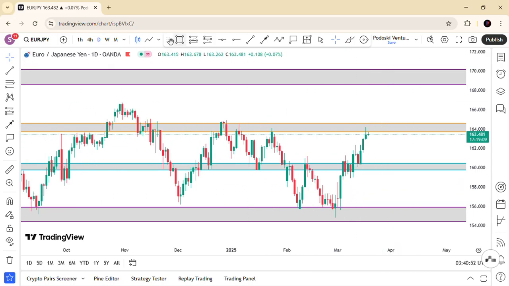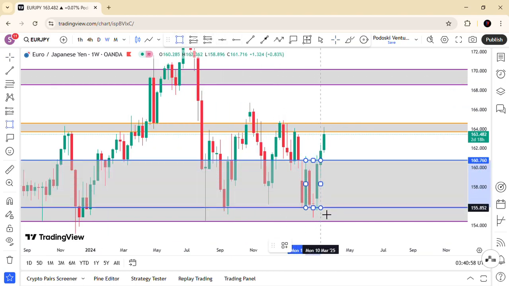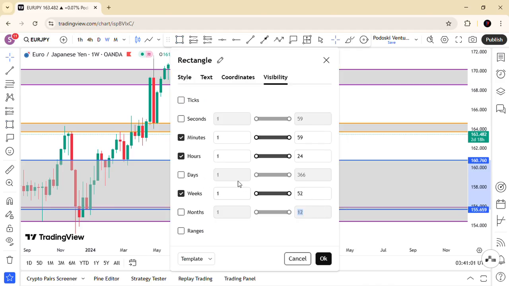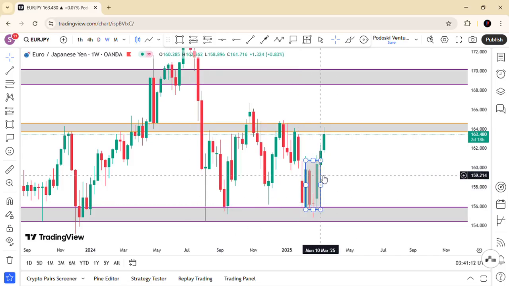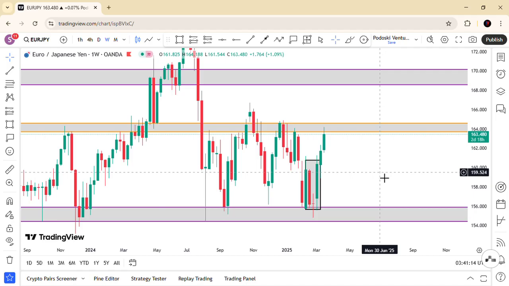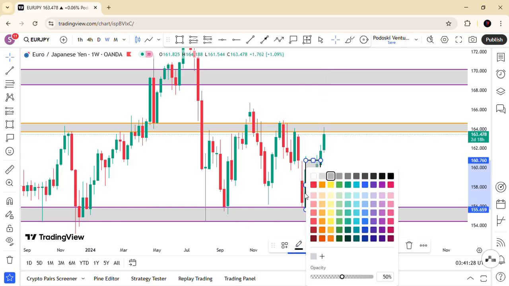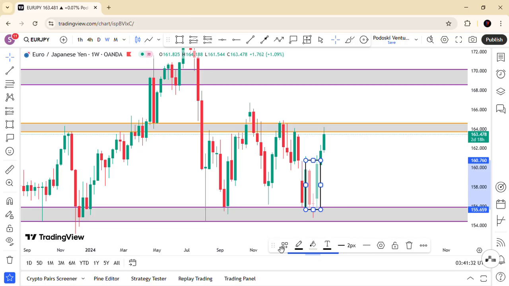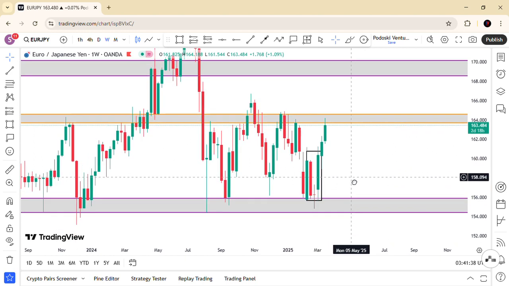Sorry, I forgot to show you guys this. On the weekly time frame, you could see a very nice morning star at the demand zone on the monthly time frame, the monthly demand zone.